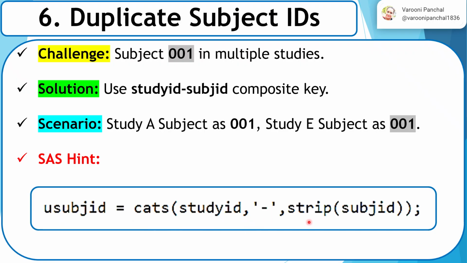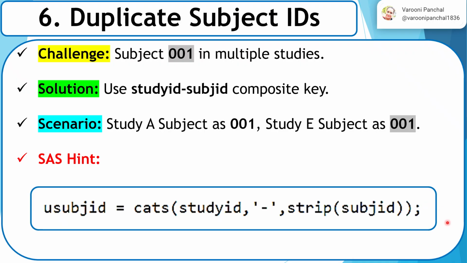The strip function is used to ensure that any leading or trailing blanks are removed; in subject ID, there could be blank values at the start, or after subject ID, there could be blank values.